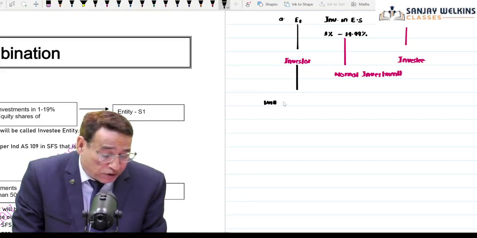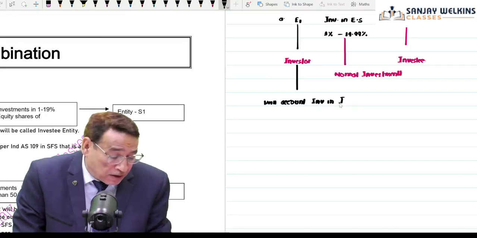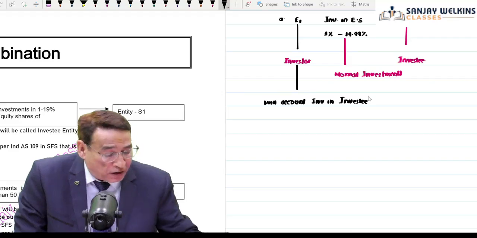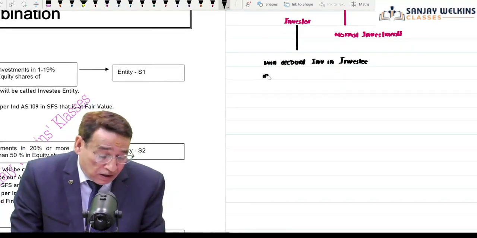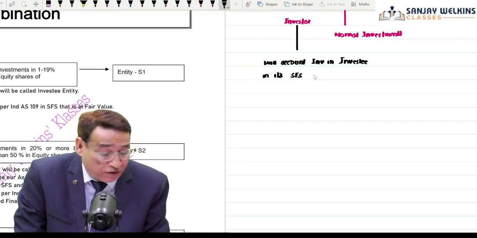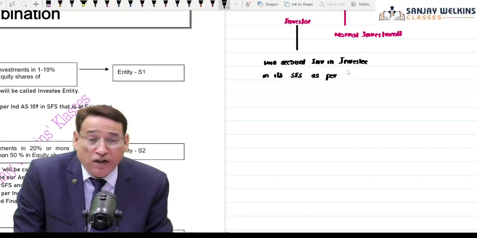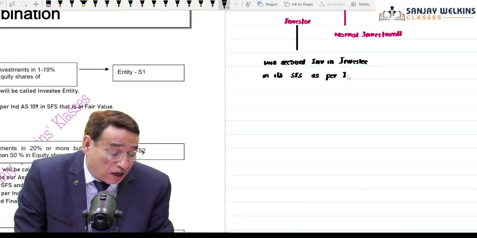Investor will account investments in the investee entity in its separate financial statement or individual financial statement, as per Ind AS 109. So in accordance with Ind AS 109, they are going to account the investment.